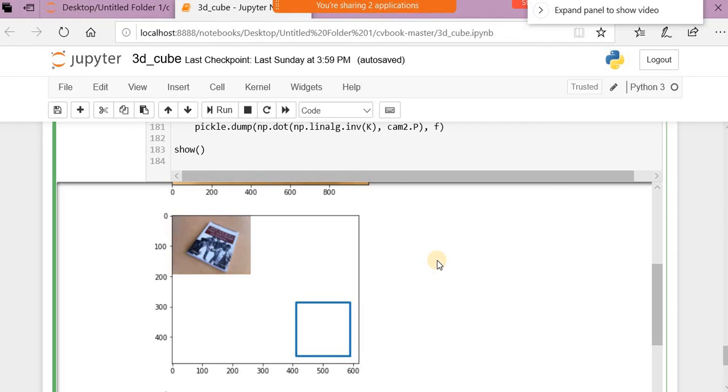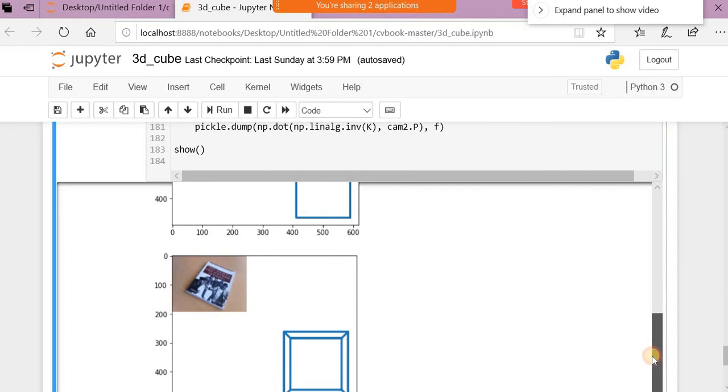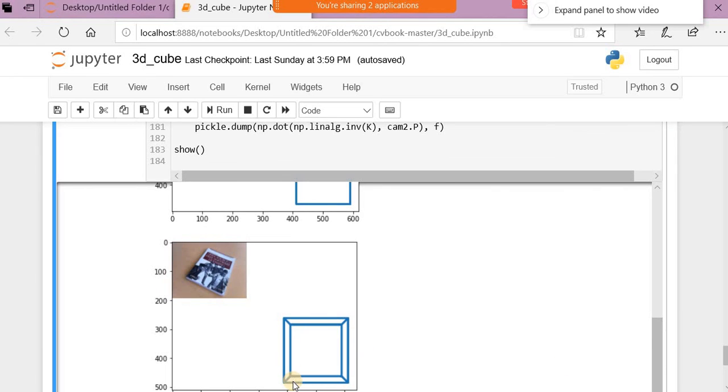This one, I will share the code with you, you can zoom in and see. Here the cube is situated in the middle, and this cube is in the 3D format. You can see in this example this cube in the 3D format, like all of the corners you can see over there.